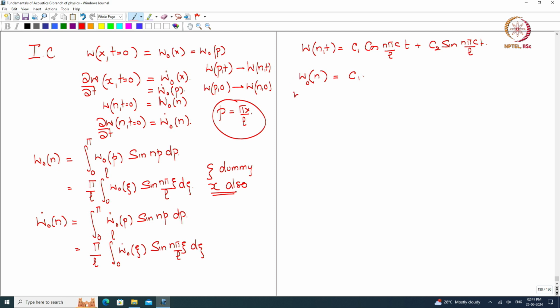This is nothing but W of n at t equal to 0.